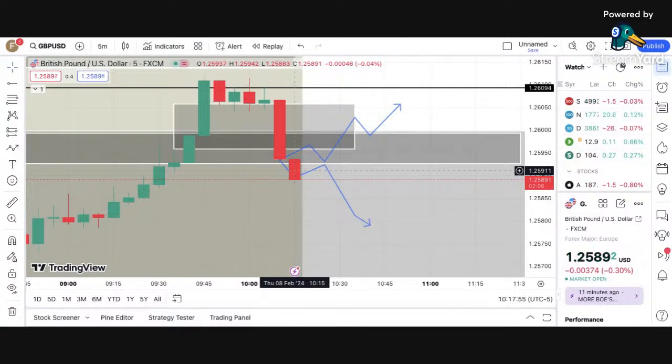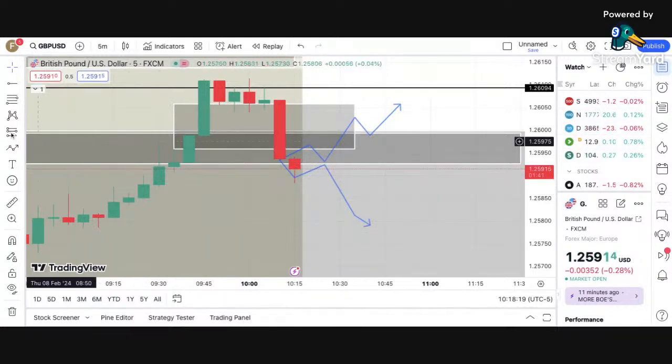As you can see, it got a lot of pressure on to push down. A lot of pressure on to push down. See, but now look, now it's working its way back into this area. So like I said, this will be my trade.